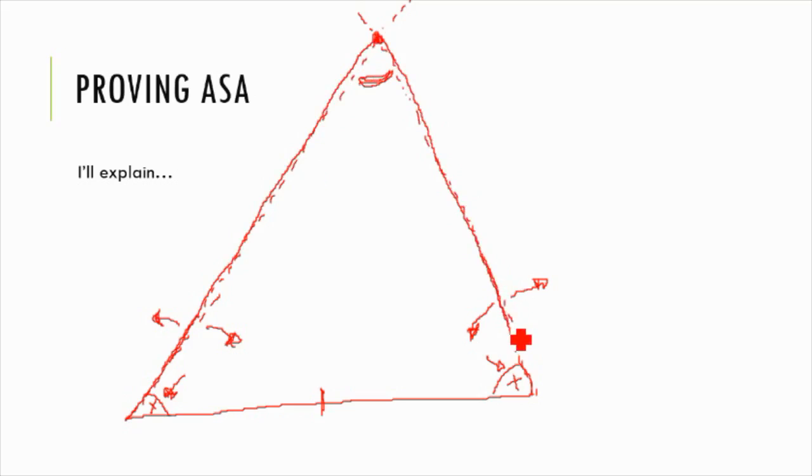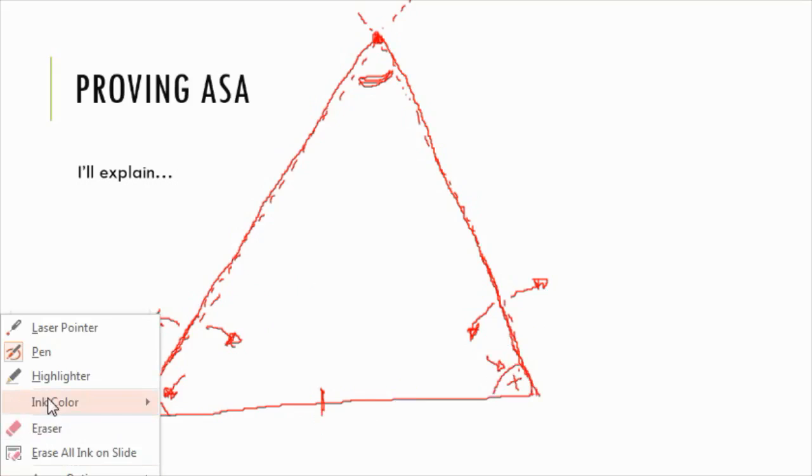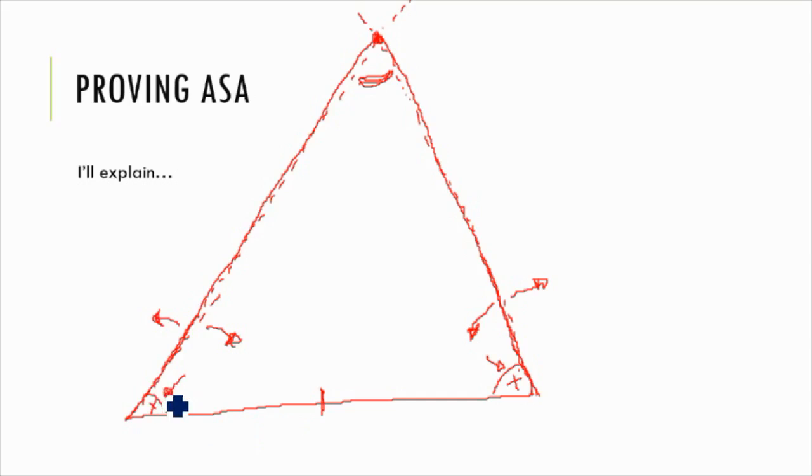Therefore, we can either use side angle side or side side side to say that yes, if here, I'll use a different color now, if this angle here is congruent to another angle, and this angle here is congruent to another angle in another triangle, and this side is also congruent to the corresponding side in another triangle, there's only one other triangle that can make the same size triangle for the other sides and the other angles.